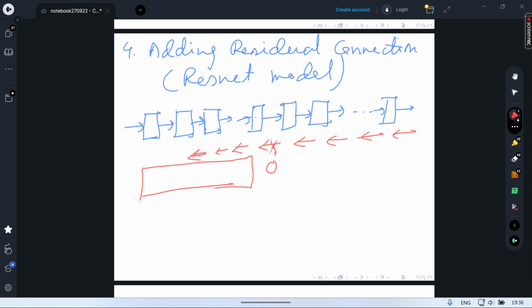So as a result, what is seen is that as the depth of the network increases, you might get a higher training loss.